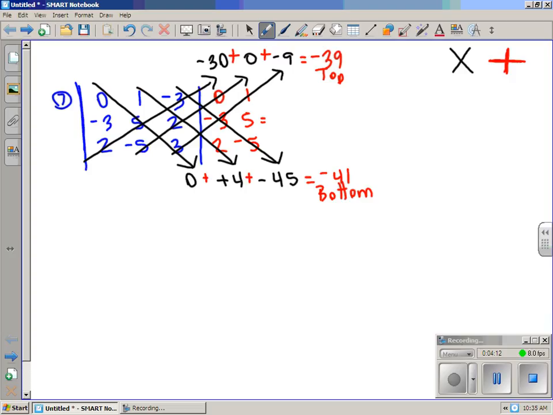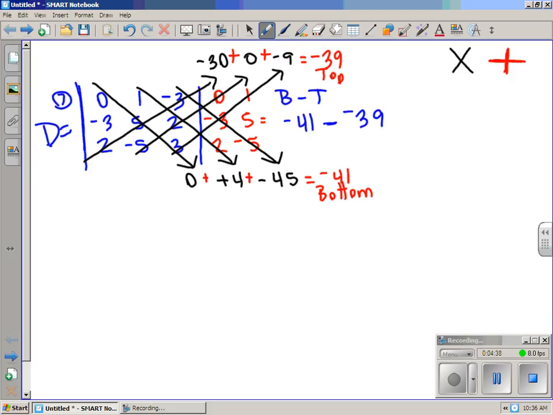Now to actually get the whole value of the determinant, it's the bottom minus the top. Be careful because it does involve subtraction, and we tend to get in trouble with subtracting negatives, so be careful. Our bottom number is -41 minus, because that's the rule, the top number, which is -39.